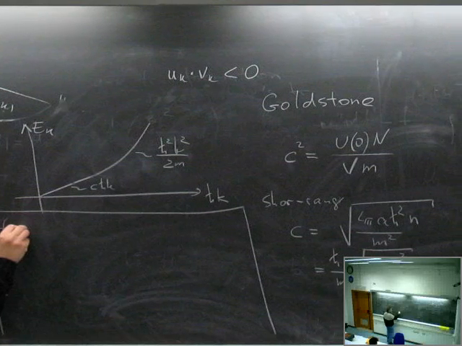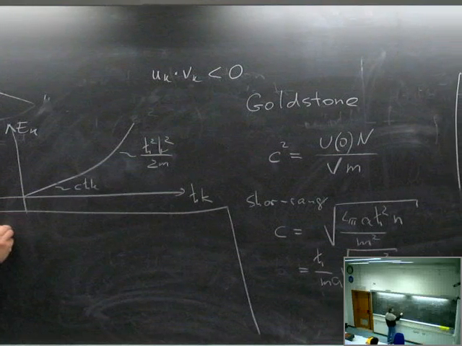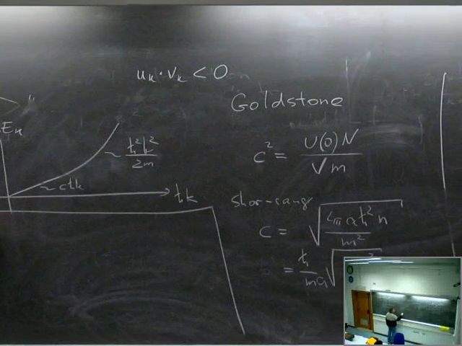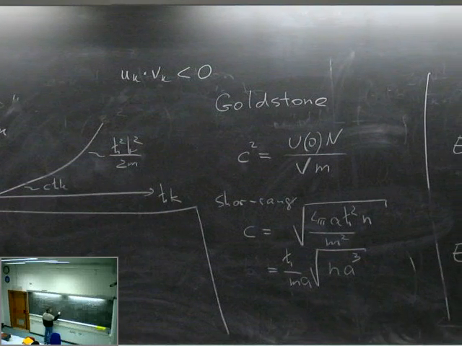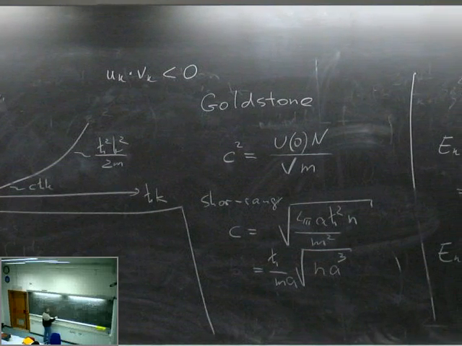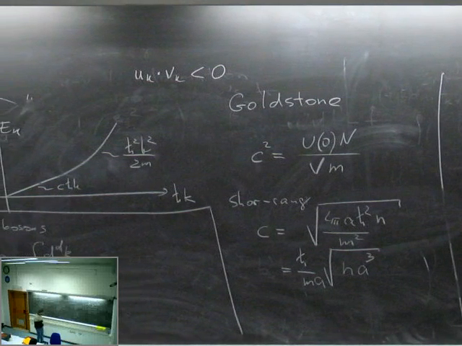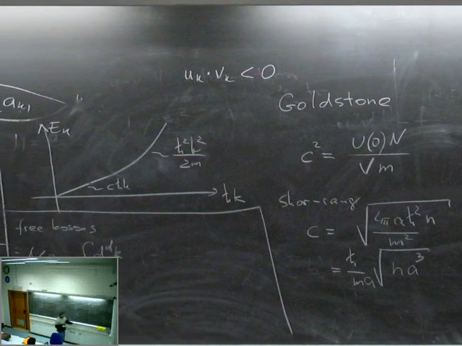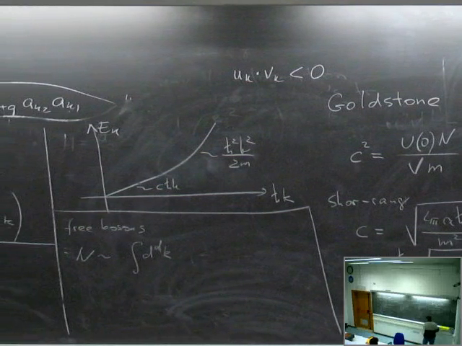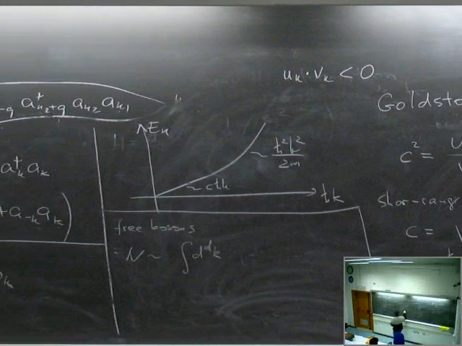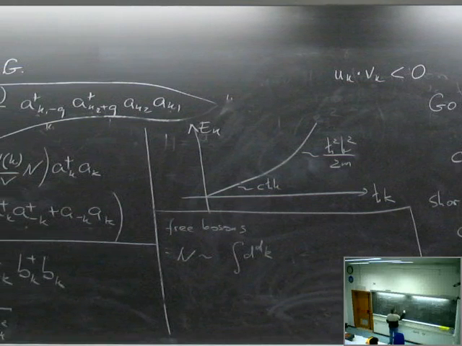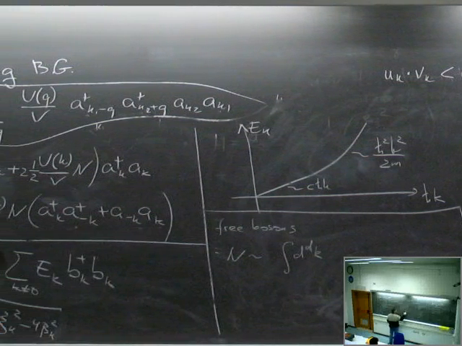So the number of particles out of the condensate is the integral d^d k. I would, without losing generality, discuss dimensions 1, 2, and 3. So small d is equal to 1, 2, 3.